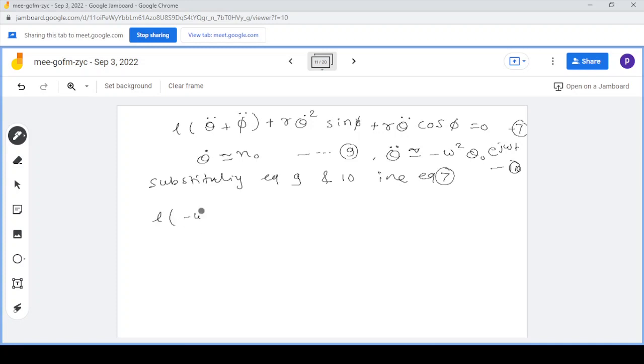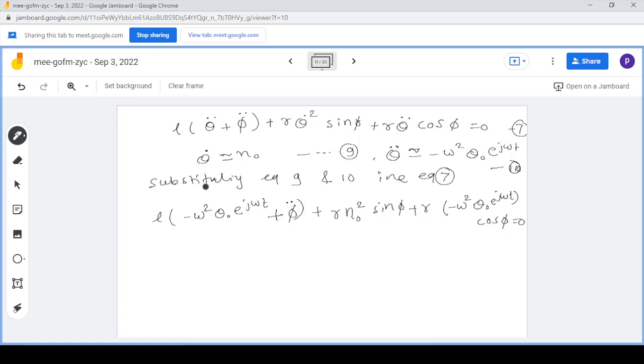So L into phi double dot, right? This theta dot square will be replaced by n0 square, so r into n0 square sin phi, plus r into this theta double dot, which gets replaced by minus omega square theta 0 e raised to j omega t, into cos phi, and this equals 0.